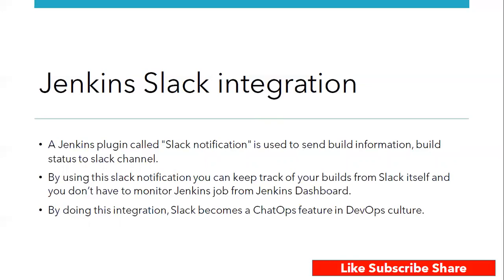You will get notifications from Slack itself, and you don't have to go to Jenkins every time to see your build status. By doing this integration, Slack becomes a ChatOps feature in DevOps culture.